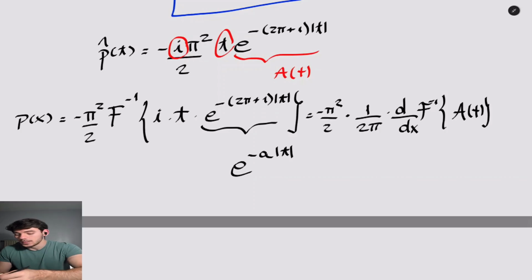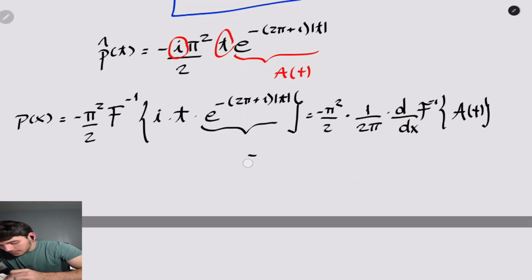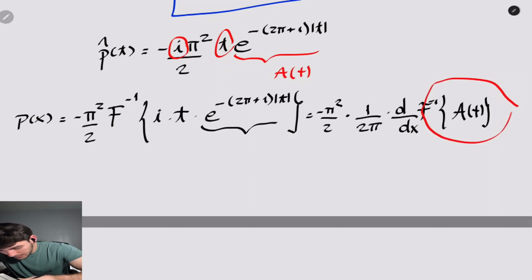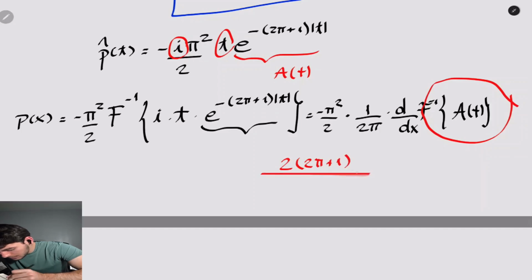All right, and we already calculated the Fourier transformation. So I'll write this as being 2a, but the a now is 2 pi plus 1 divided by a squared, so 2 pi plus 1 squared plus 4 pi squared x squared.